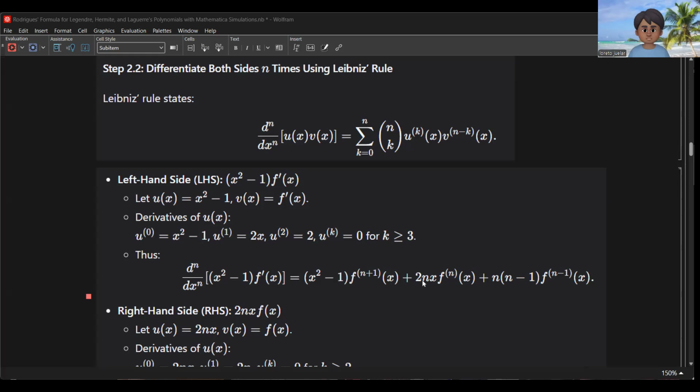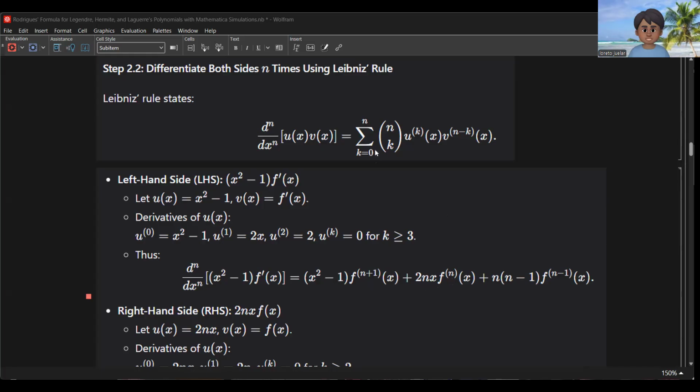Then for k equal to 1, the combination of n taken 1 at a time is equal to n, multiplied by the derivative of x squared minus 1, that is 2x. We decrease the order of the derivative, so n plus 1 minus 1 is equal to n.